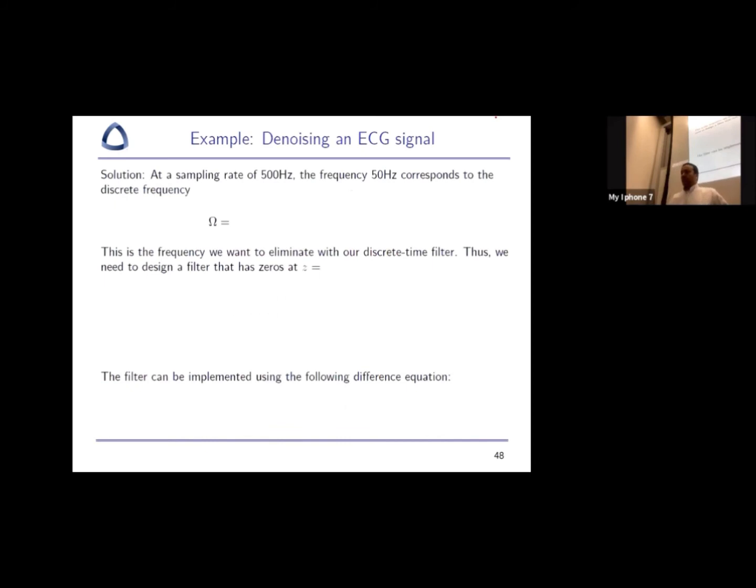So at a sampling rate of 500 hertz, the frequency 50 hertz corresponds to a discrete frequency of, we use the relation between the digital frequency and analog frequency, capital Omega equals omega times T, right? So this frequency in hertz, as in radians, equals 2π·50 radians per second.